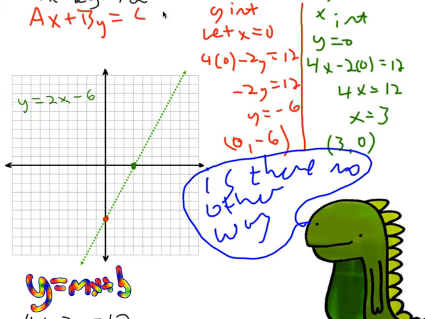And remember, if this is y equals mx plus b, what I told you was that m, the slope, should be this piece right here. So our slope should be 2 over 1, which is up 2 over 1, a rise of 2 over 1. And I also said that the y-intercept, where the graph crosses the y-axis, should be at negative 6. So the y-intercept should be negative 6.